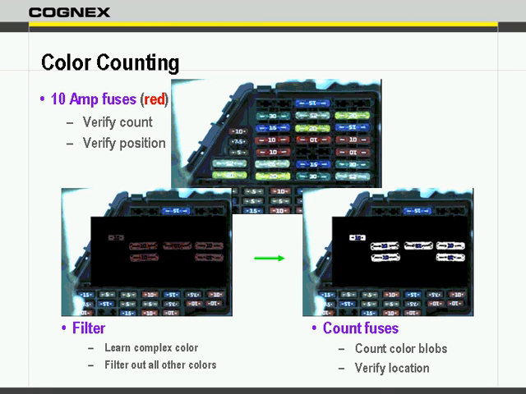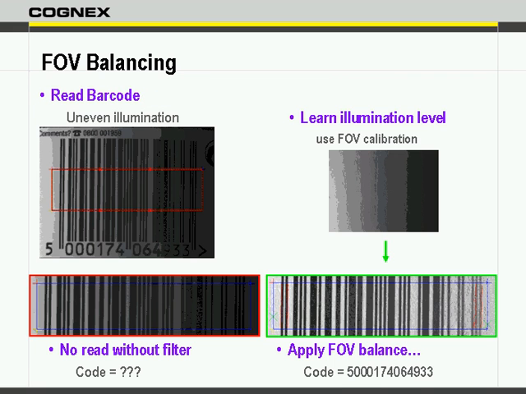In this scenario, we've used a blob tool just to verify that we've got, in this case, 6 fuses. Now we could go on beyond that and get the locations of those blobs and make sure they're in the right places, and apply some criterion to the blob tool to make sure that they're the right size and so on. Good application for color tools.